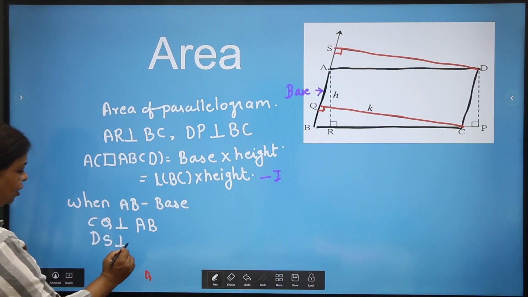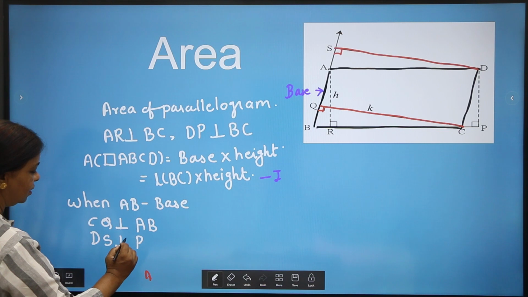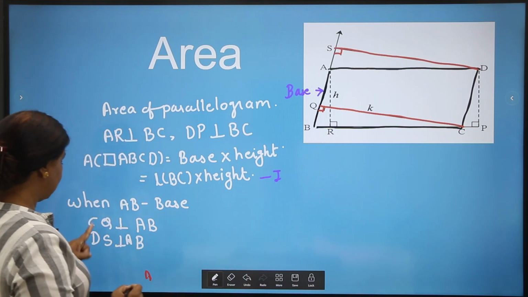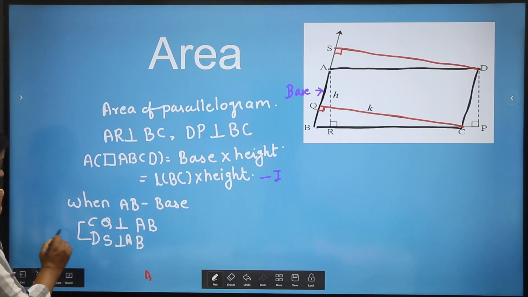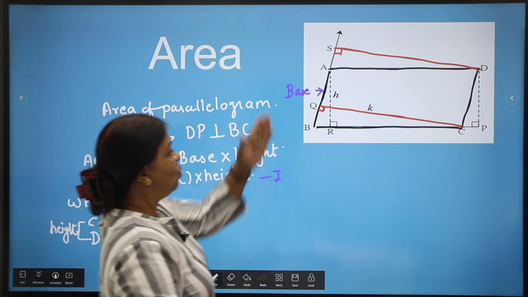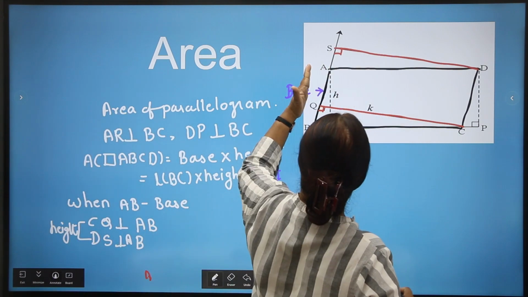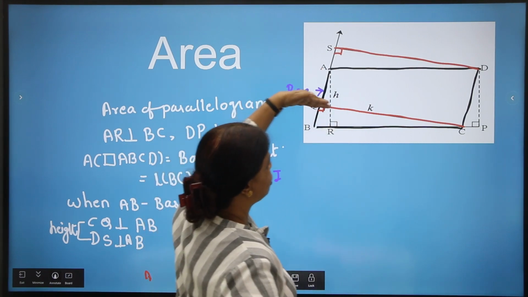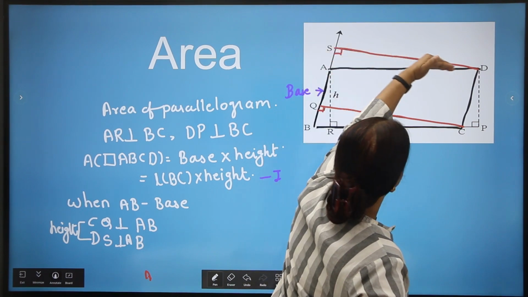Children, DS and CQ both are height. Now when I am considering one of the parallel sides, that is AB, as base, CQ and SD are height.